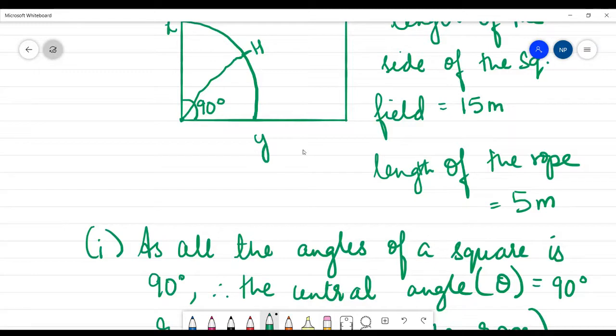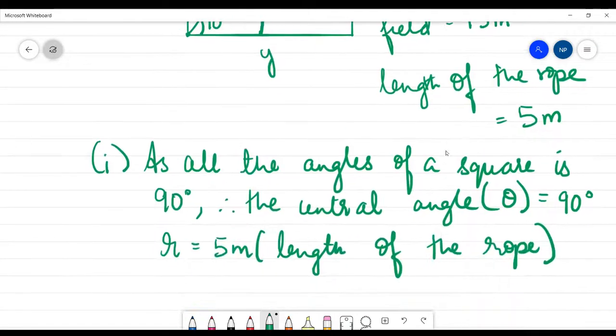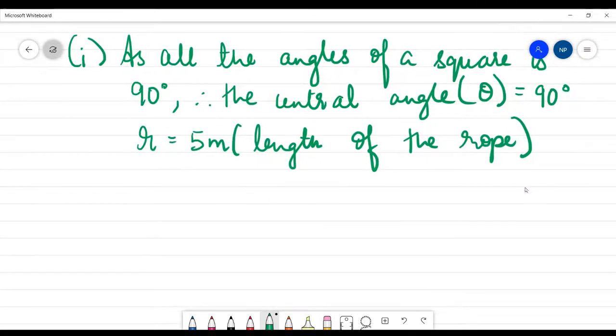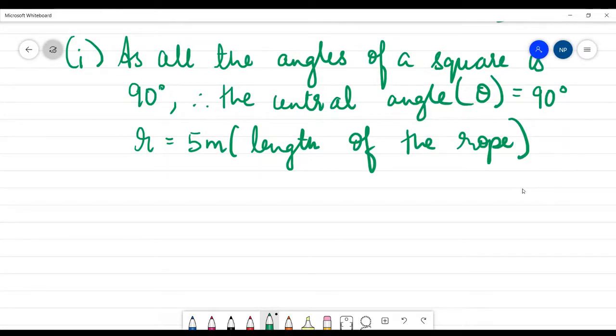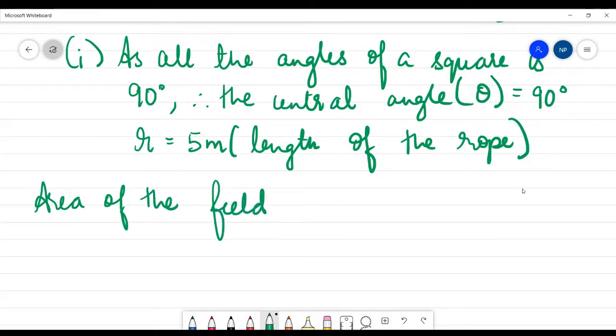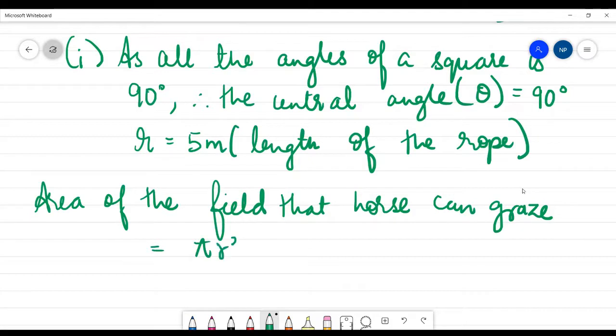So we will write here: area of the field that the horse can graze is equal to pi r square multiplied by theta upon 360.